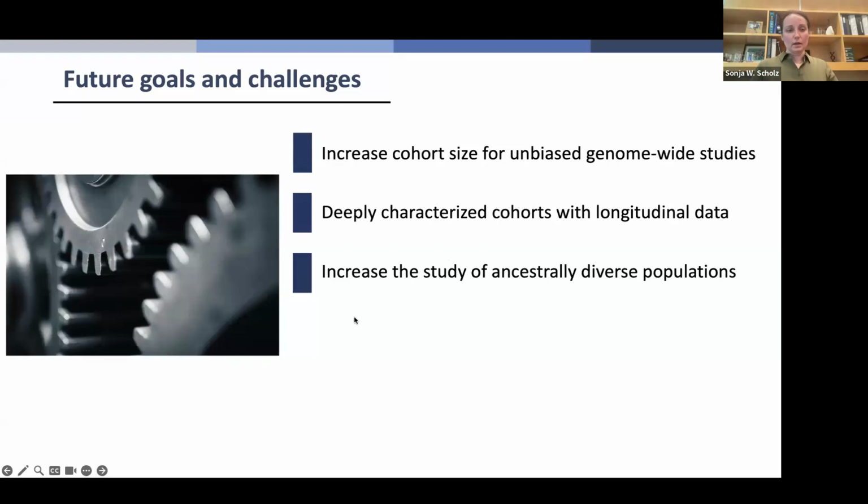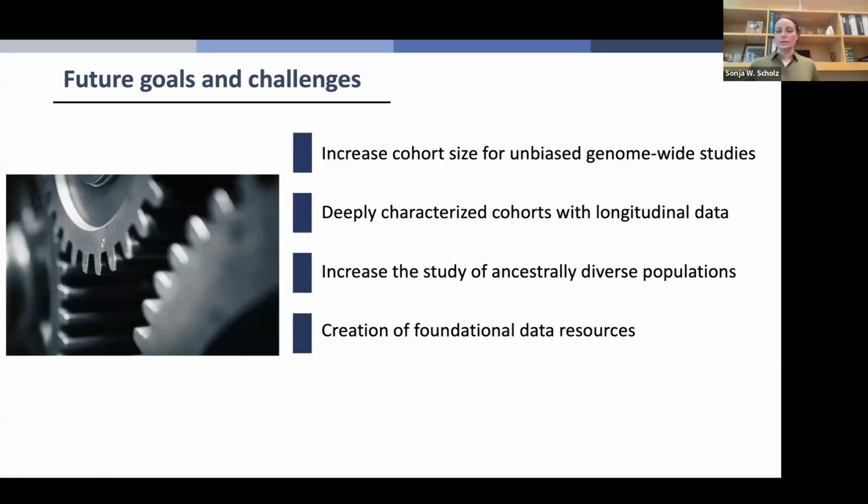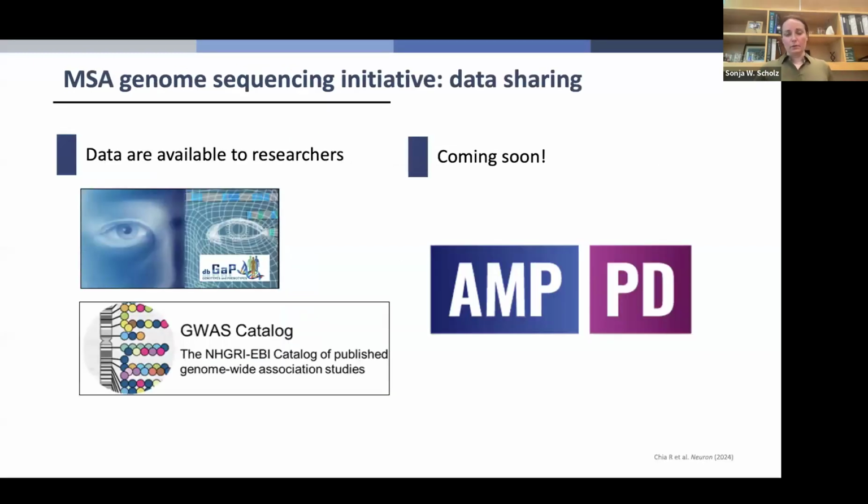And so we need to really engage with the research community. And ideally, we want to create foundational data resources that can be shared, that people can access. And this is where we are very passionate. My lab has been at the forefront to share the genomic data that we generate.